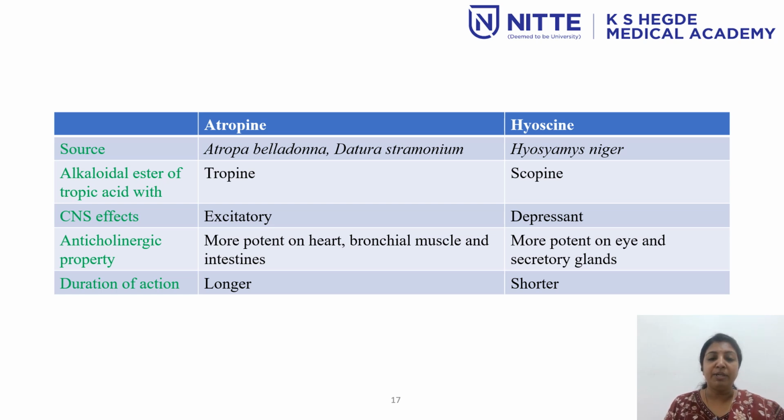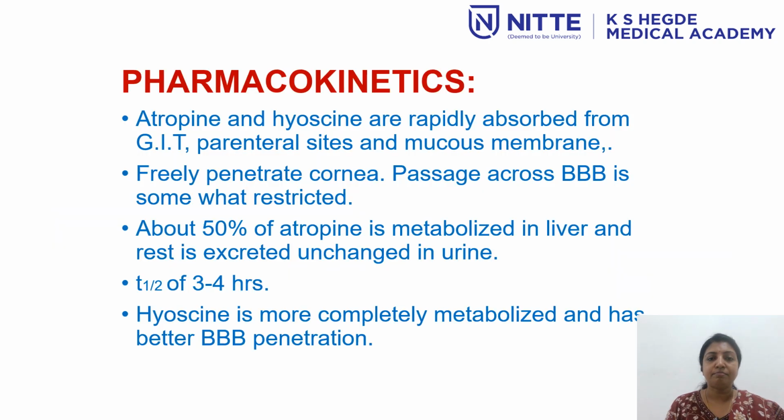Atropine has more potent anticholinergic action on the heart, bronchial smooth muscles, and intestine, whereas hyoscine has more potent action on the eye and secretory glands. Duration of action of atropine is longer, whereas hyoscine or scopolamine is shorter.